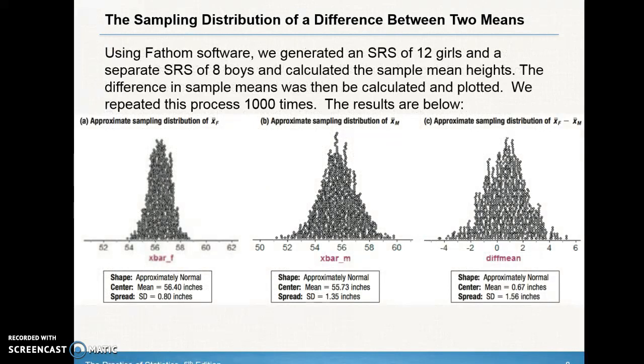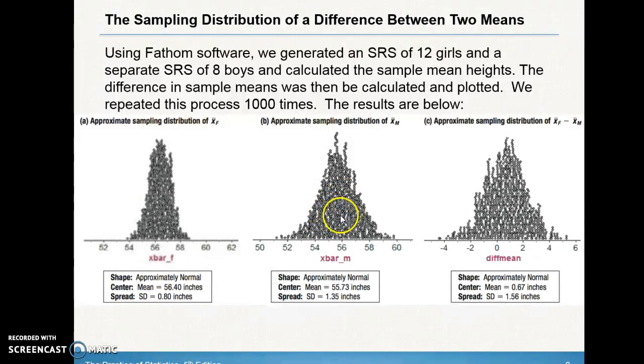Okay, so let's take a look and see what this looked like. Our first graph that we have down here is a simple random sample of 12 girls, and we did this 1,000 times, and then we found the mean of all of those 1,000 samples of 12 girls. That mean was 56.4 with a standard deviation of 0.8. The second one, I took a simple random sample of 8 boys, found the mean, plotted it.